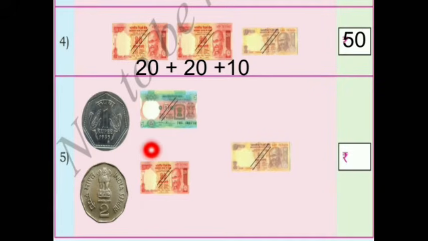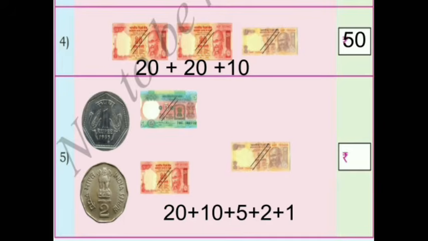Here we have one 1 rupee coin, one 5 rupee note, one 2 rupee coin, one 20 rupee note and one 10 rupee note. Now we should add all these. 20 plus 10 plus 5 plus 2 plus 1 is equal to 40.